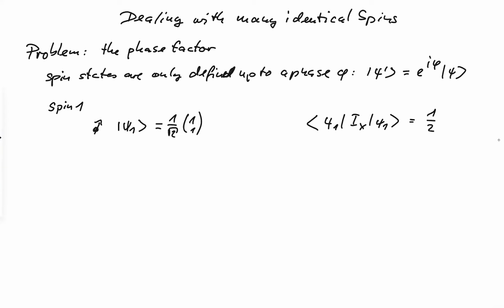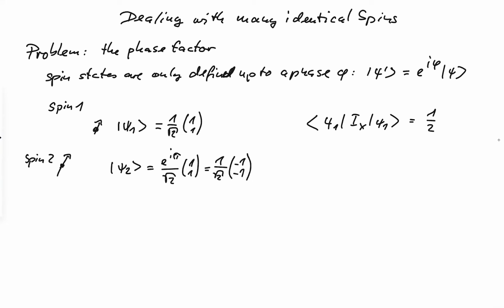But then there is a second spin here, spin 2, which has the wave function psi2. And we say it's the same wave function, but has a phase. This phase is randomly distributed, so we have here e to the i pi, for example, over square root of 2 times (1, 1). That can be written as 1 over square root of 2 times (minus 1, minus 1).